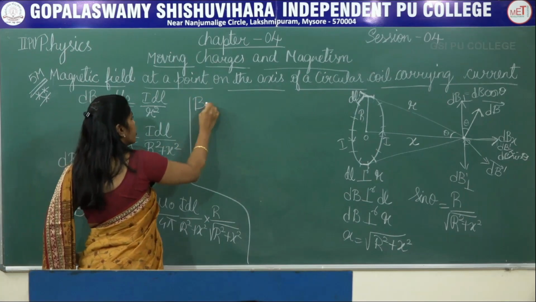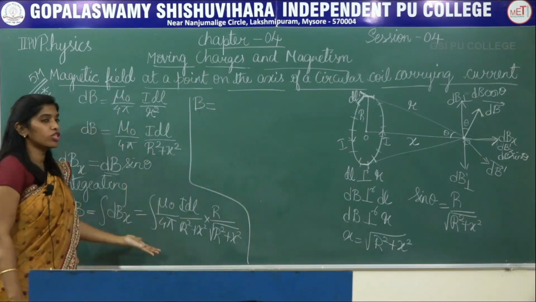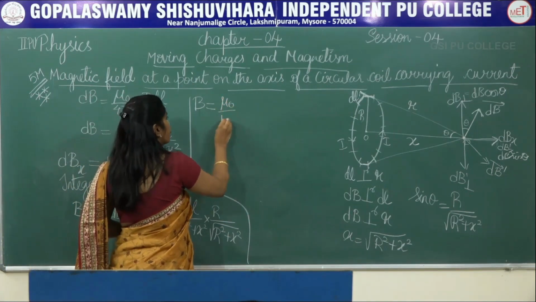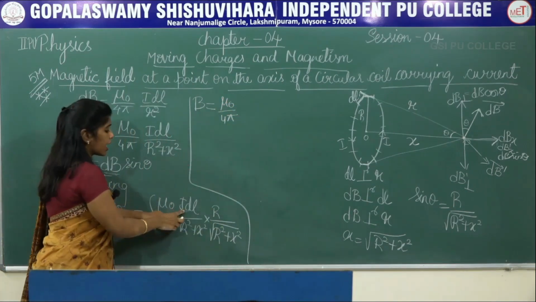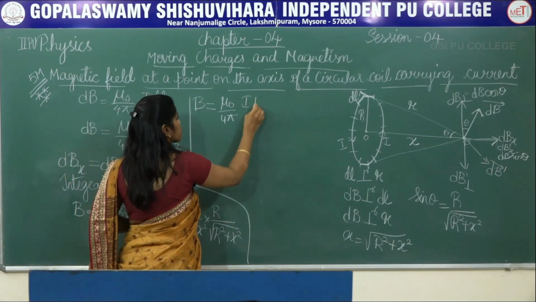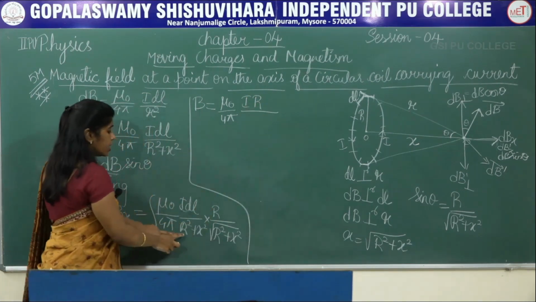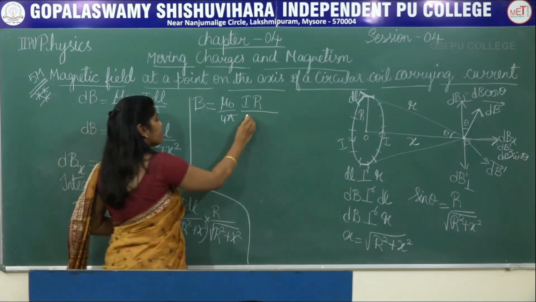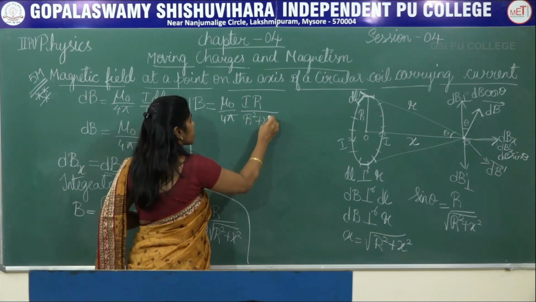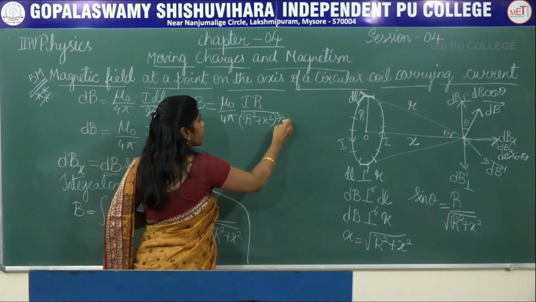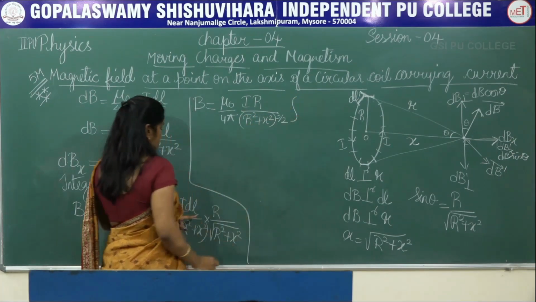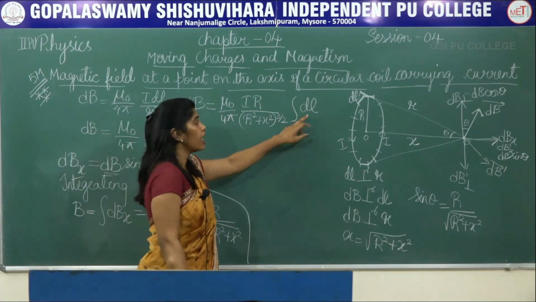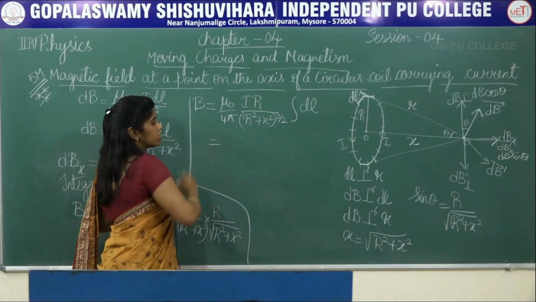Now B will be equal to, let us take the constants out, mu naught by 4 pi I into R divided by R squared plus x squared into root of R squared plus x squared, which can be written as R squared plus x squared whole power 3 by 2, integral dl. Now we are only going to integrate this dl, and all the others are taken out as constants.